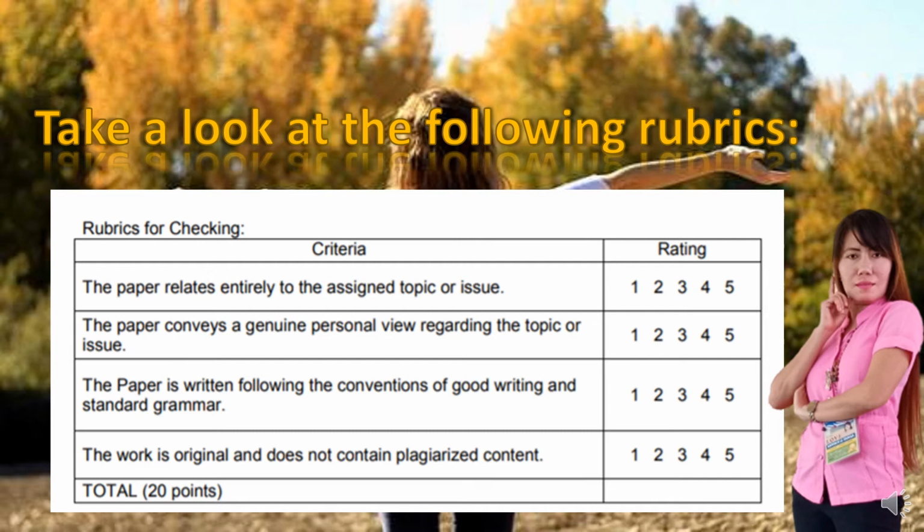The paper is written following the convention of good writing and standard grammar. It's also important, and the work is original and does not contain plagiarized content. So, it has 20 points. Okay, so this is the basis for your reflection.